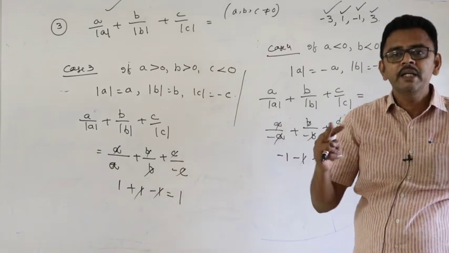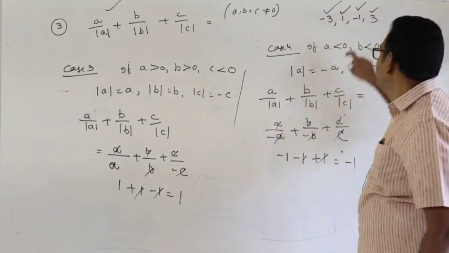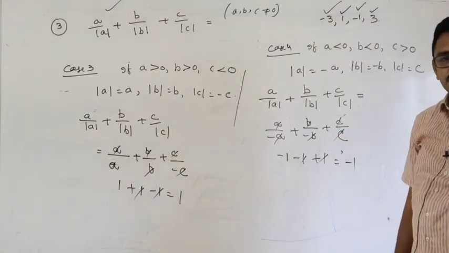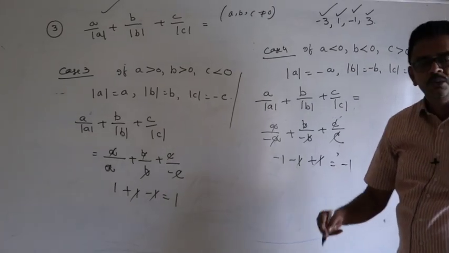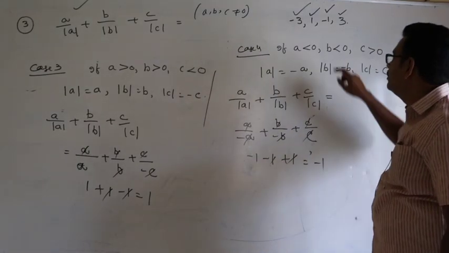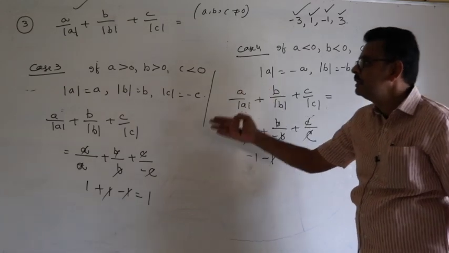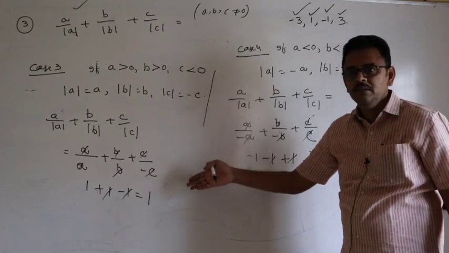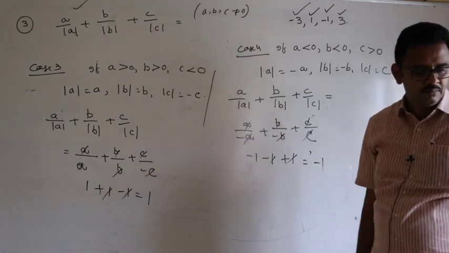If any two are negative and one is positive, in this case minus 1 is correct. If any two are positive and one number is negative, in this case plus 1 is correct. Now, these are the cases. So, mod x, that concept is the most important.